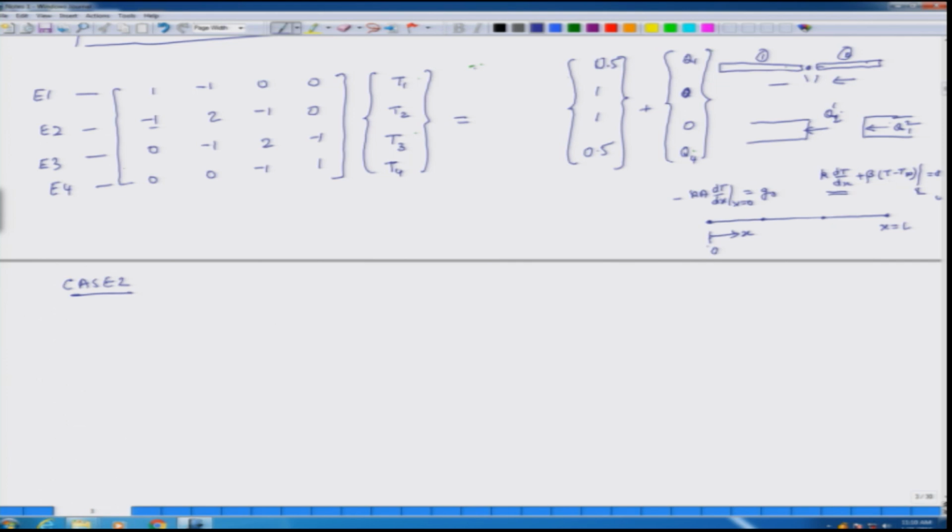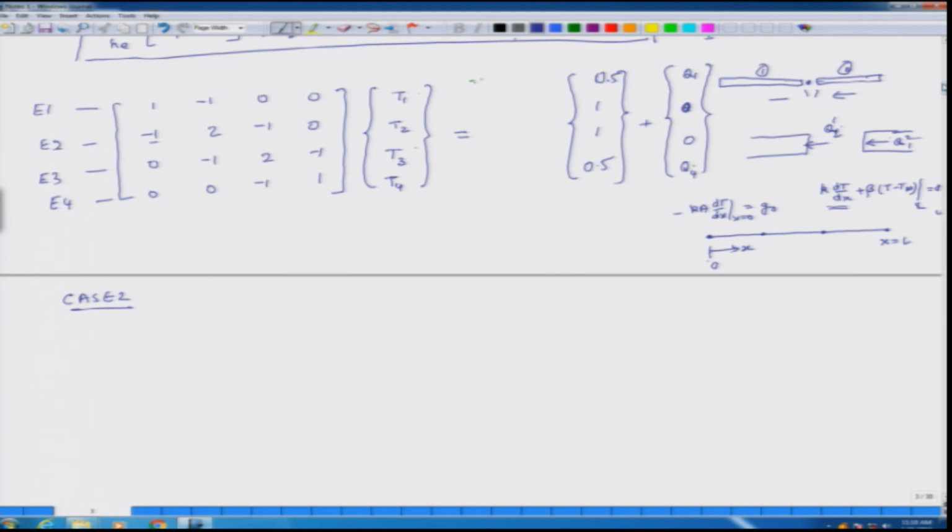So, once again my 4 equations, and we still assume that A is equal to 1, Q naught equals 1, H equals 1, and K equals 1. So, these equations are still valid.